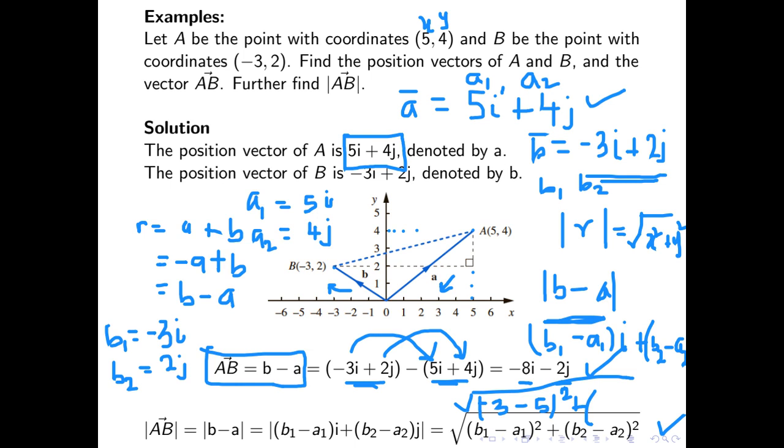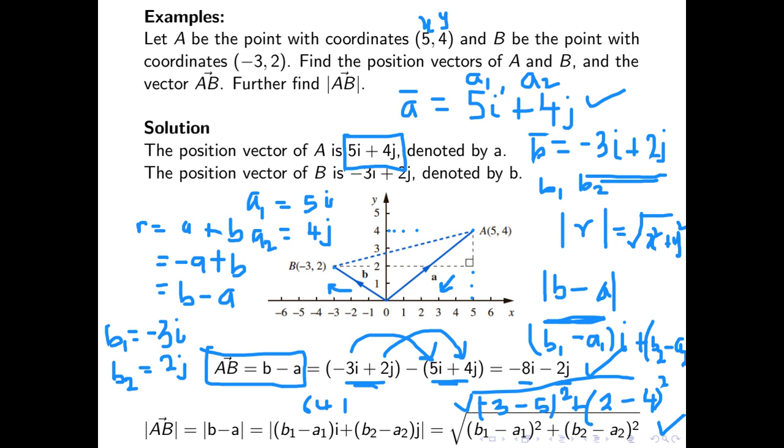So b2 is 2 minus a2, 4, squared. That's minus 3 minus 5, it's minus 8. And the square of minus 8 is 64, plus 2 minus 4 is minus 2.